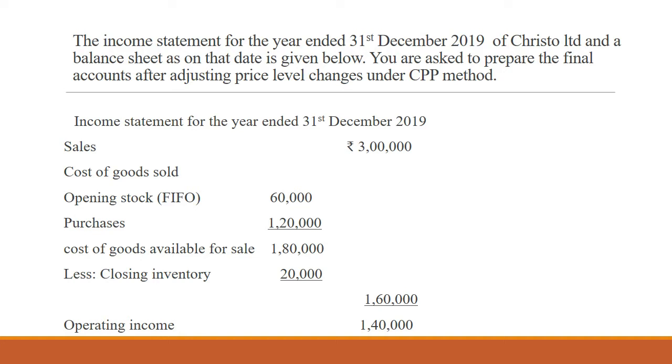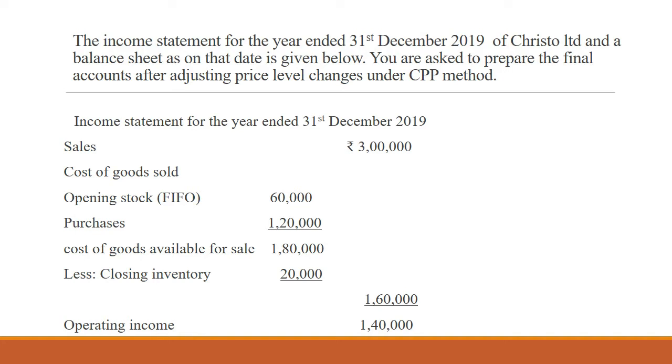For cost of goods sold, opening stock, following the FIFO method, is 60,000, purchases 1,20,000, so cost of goods available for sale becomes 1,80,000. After subtracting closing inventory of 20,000, the cost of goods sold is 1,60,000.